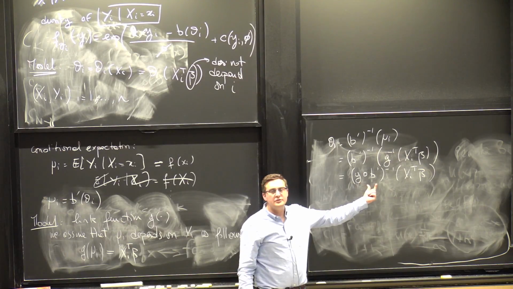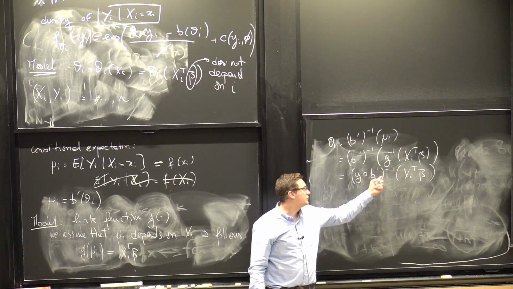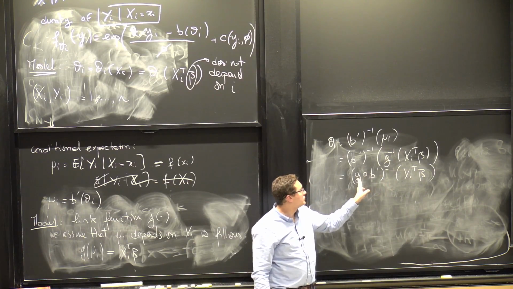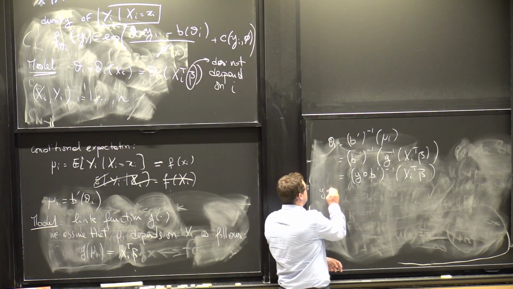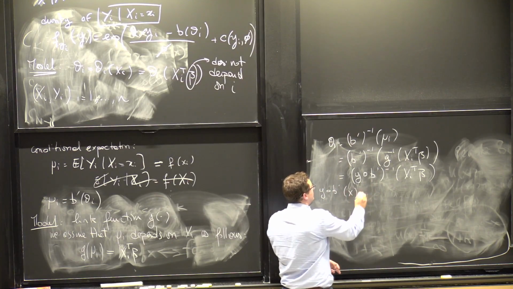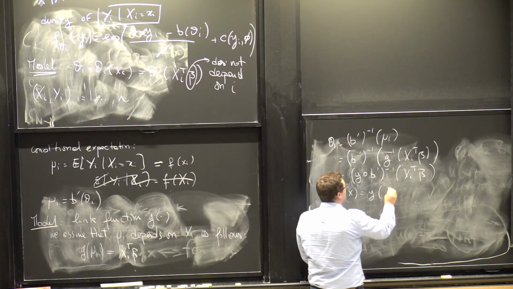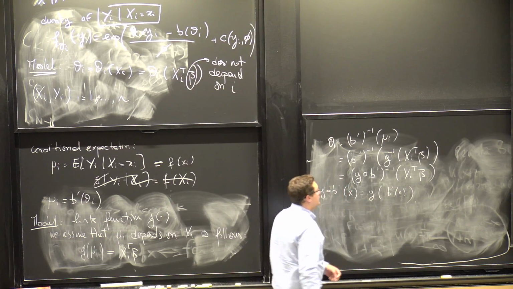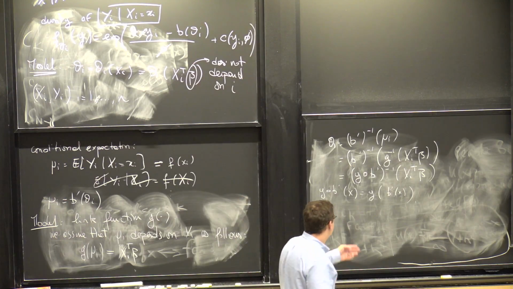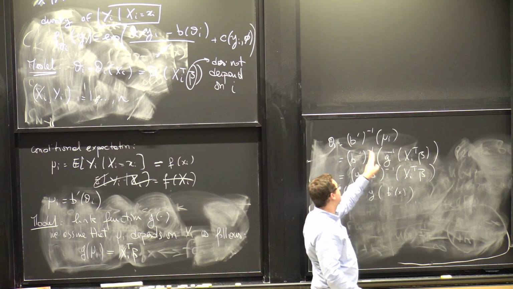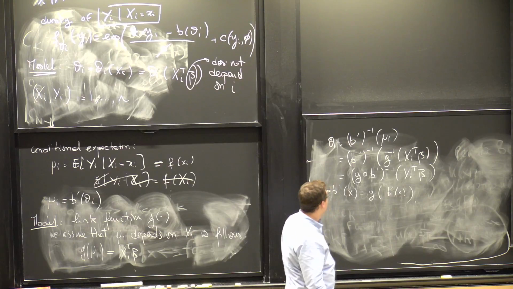Everybody's comfortable with this notation, the little circle? Any question about this? It just means that g composed with b prime of x is g of b prime of x. And then I take the inverse of this function, which is first take g inverse and then take b prime inverse.